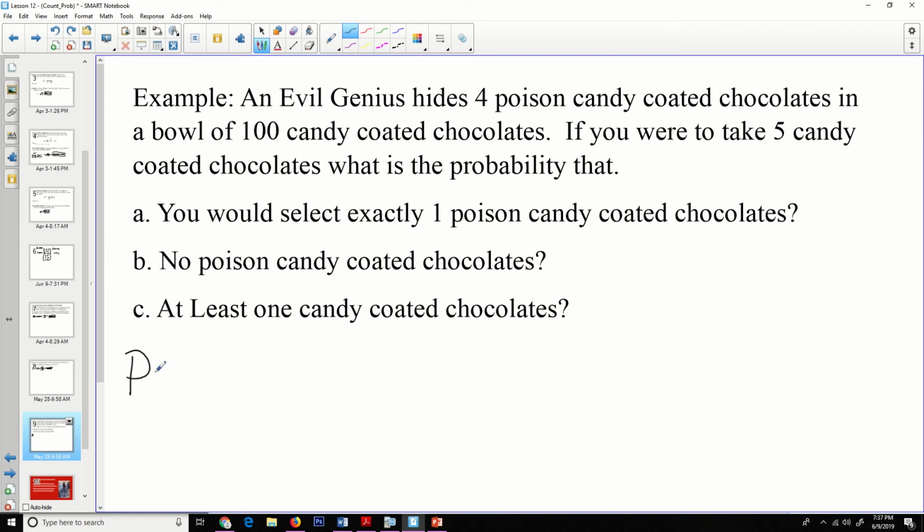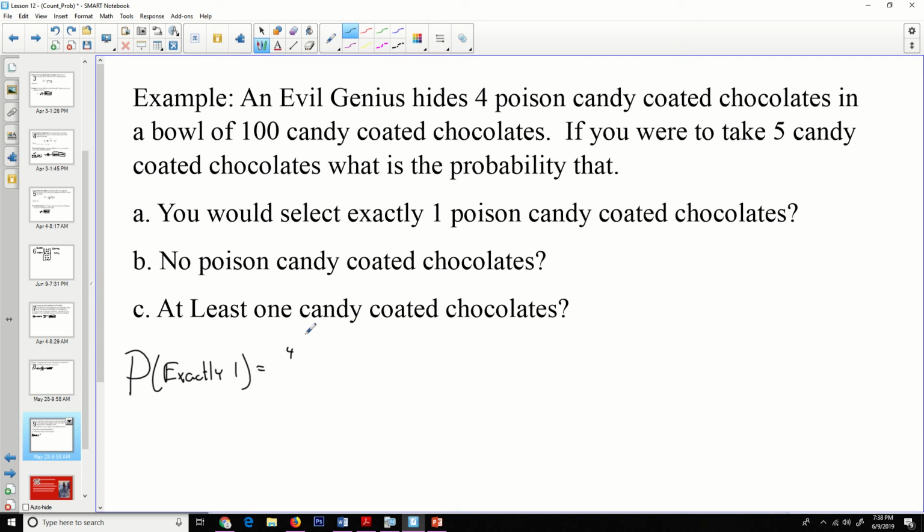Well, let's see. Probability, exactly 1. All right, so we want exactly 1 of 4. So again, this is going to be an instance where combinations are used because it doesn't matter when you took that poison one. If it's in your hand when you chose those 5 candies, it's in your hand.